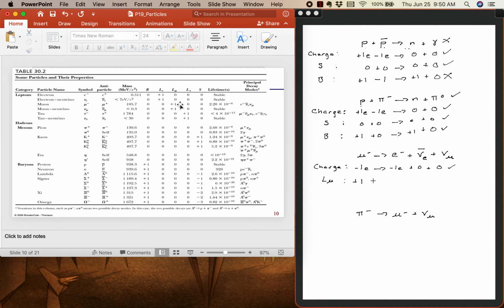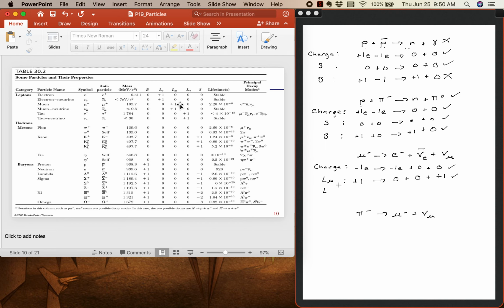And then that's going to go to an electron, which has a 0 mu lepton number, and an anti-electron neutrino, also 0 for its mu lepton number, plus this is a mu neutrino, and that has a +1 for its mu lepton number. So we have +1 going to +1, that checks out.